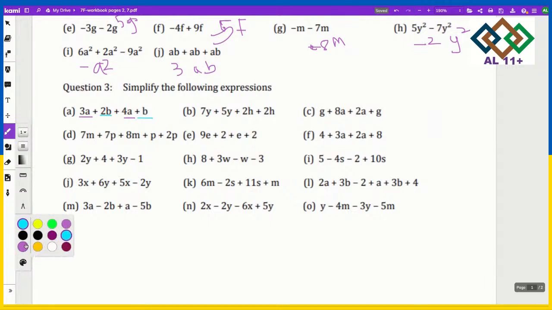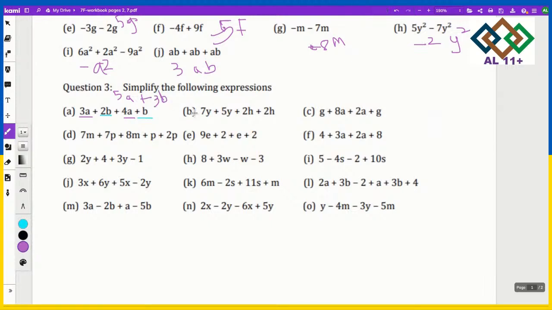The one in blue is your B and the one in purple is your A. Add the A's together and add the B's together to get your answer. So it's 4A plus 3A is 5A plus, then you will have 3B.